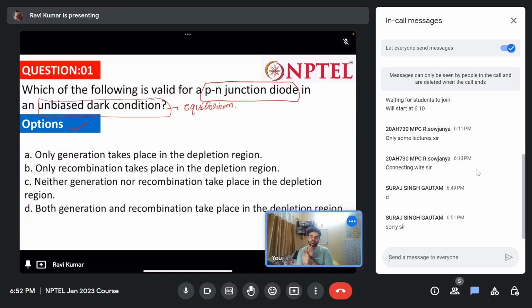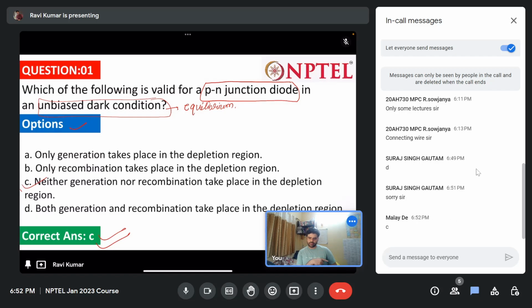When light is illuminated on the surface of the solar cell. But in a dark condition, there is no source of light or no source of generation. And if no generation, then no recombination. So the answer is C, neither generation nor recombination. Yes, C.